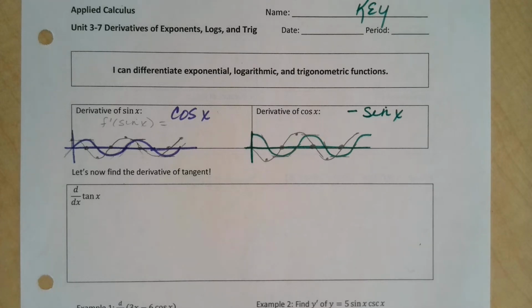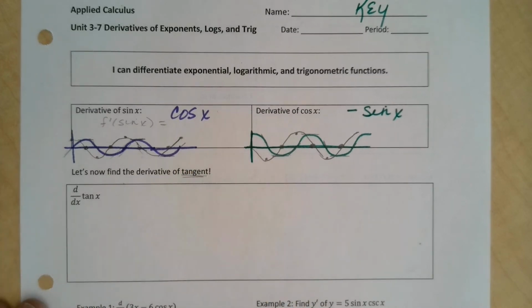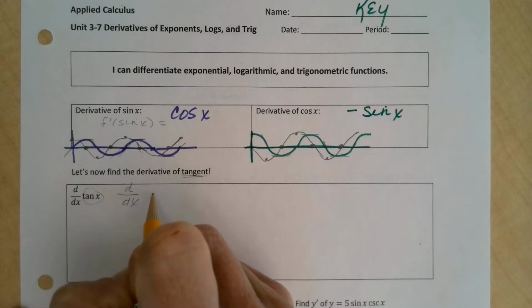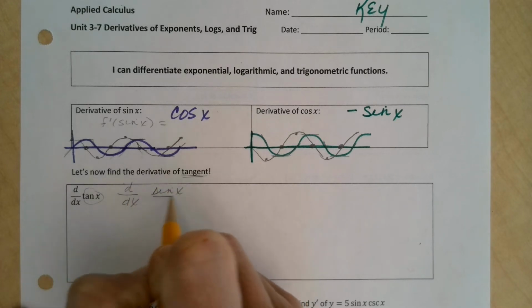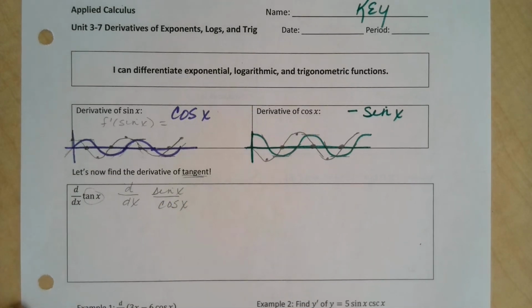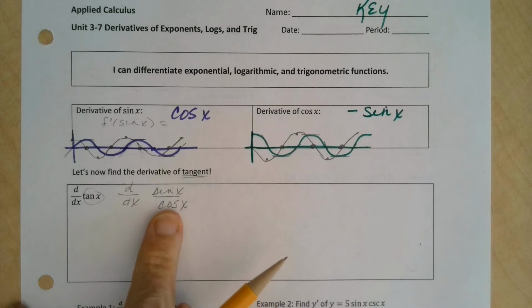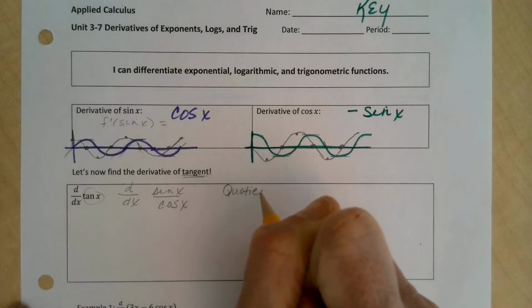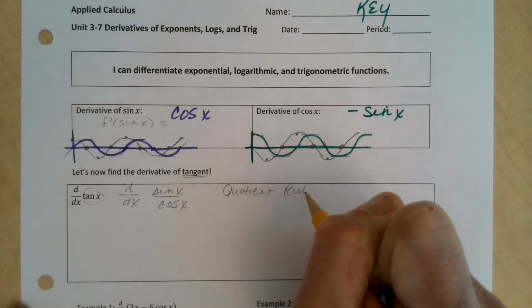All right. We can derive now the tangent. So the derivative of the tangent, don't forget we can rewrite tangent as sine of x over cosine of x. And that puts us in a situation now where we're going to use the quotient rule.